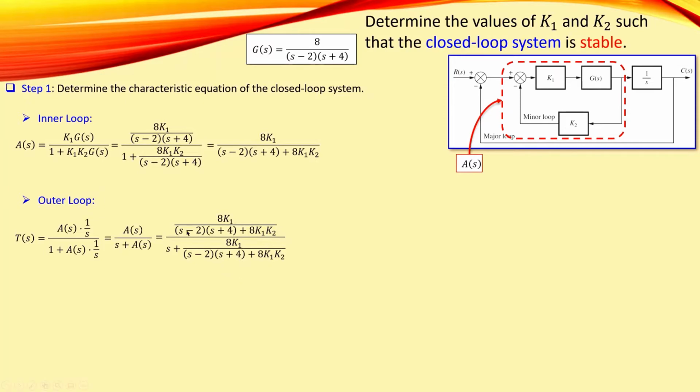So I now multiply again the numerator and denominator by this part of the expression, which is (s minus 2) times (s plus 4), and then plus 8 times K1 times K2. Now this is the much more simplified form, and this is the denominator I need to determine our characteristic equation. I will now equate this to 0.